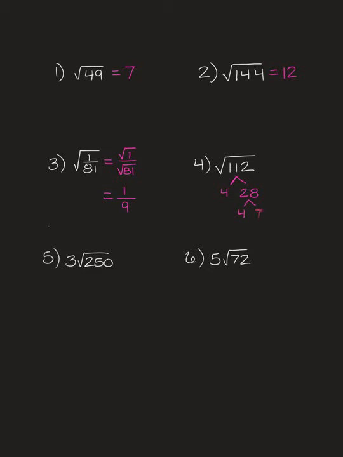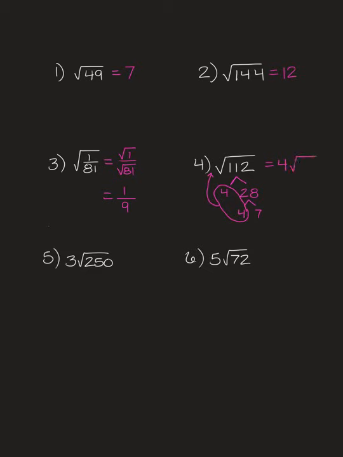Now I'm going to stop here because if I am taking a square root, I need groups of 2. I need pairs. So two numbers that are the same, I have a pair of 4s. So those will actually come out of the square root as one number. So this will be 4 times the square root.